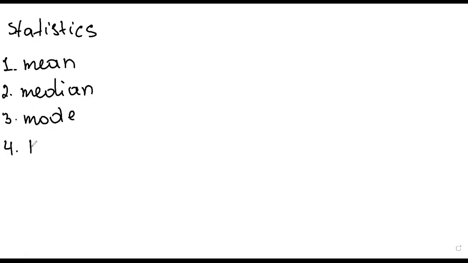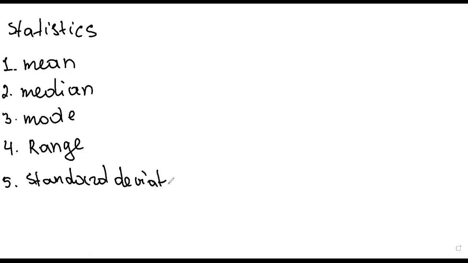Fourth, range. Fifth, standard deviation. And the sixth one, quantiles, which always shows up as a box plot.